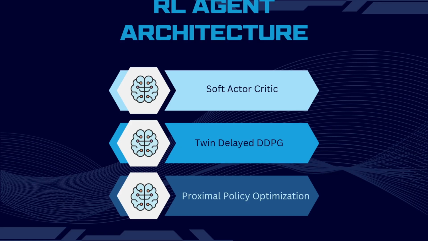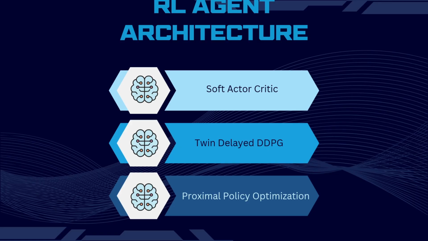This is exactly where my third algorithm comes in, which works like a reliable fallback policy for all three architectures. It's actually very easy to tune this kind of algorithm. The third one is proximal policy optimization. It's pretty straightforward. It's an on policy algorithm, exactly the opposite of soft actor critic.